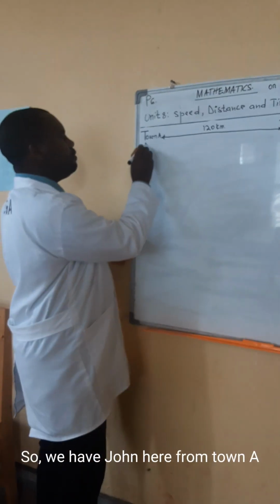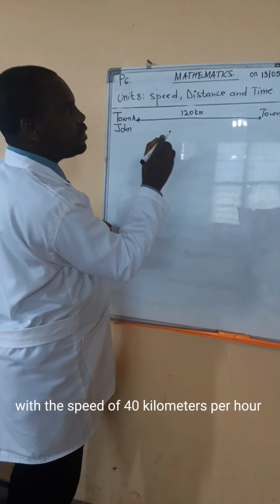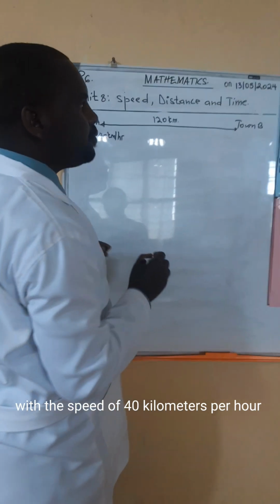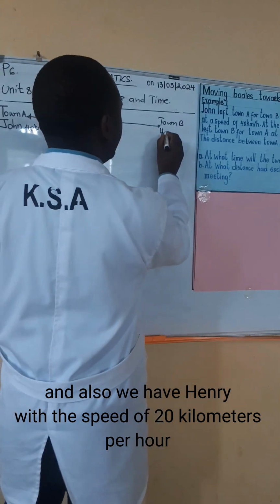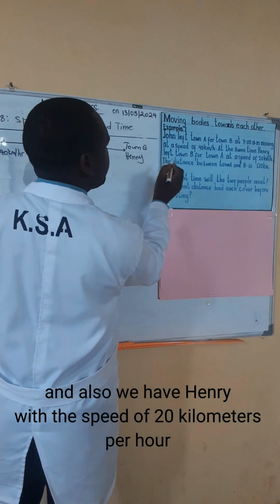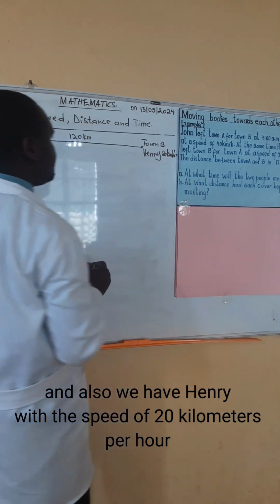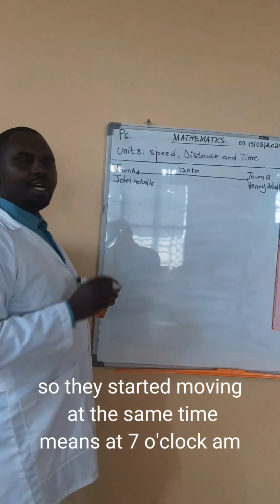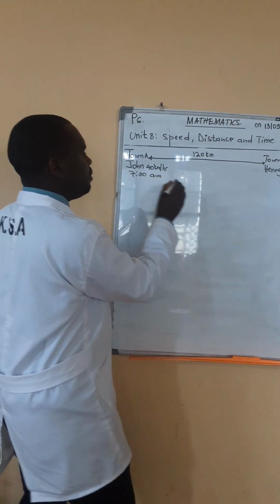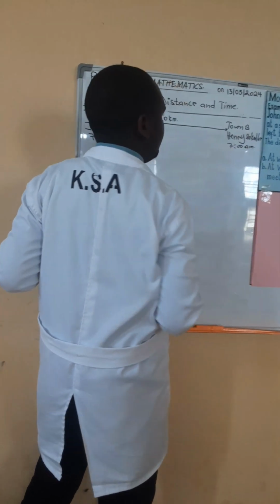So we have John here from town A with a speed of 40 km per hour. And also we have Henry with a speed of 20 km per hour. So they started moving at the same time, means at 7 o'clock a.m. and another one at 7 o'clock a.m.